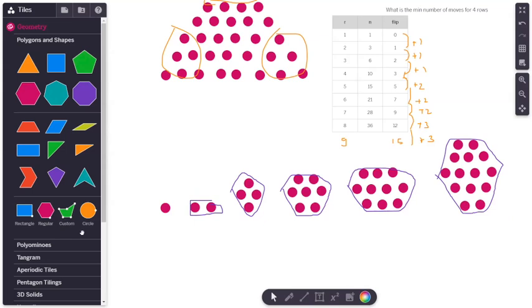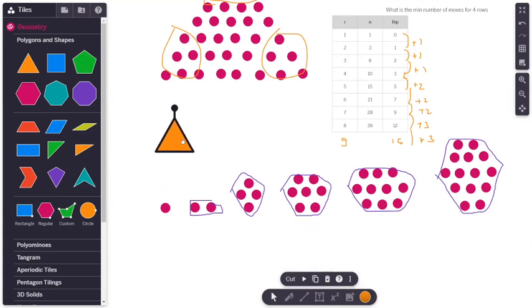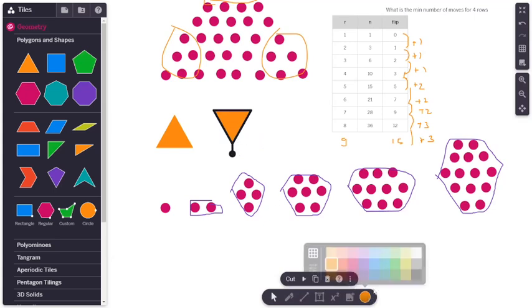symmetric. So I like what Gauri showed. So this is what we have, and this is what we want.